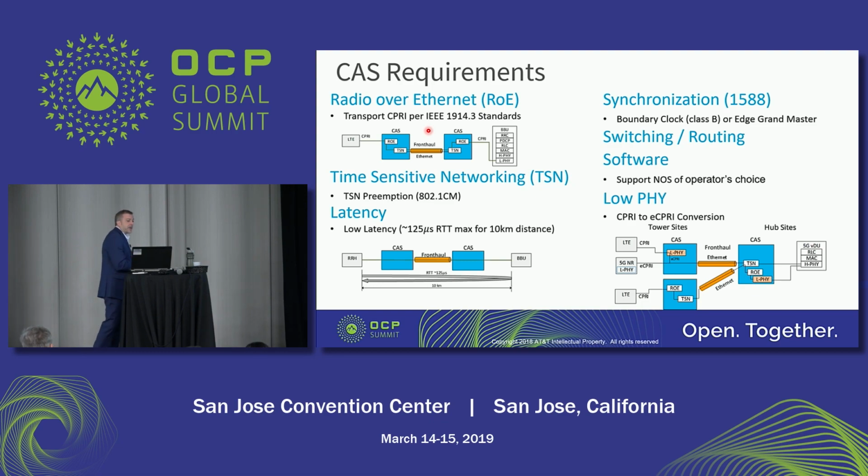The next requirement is TSN, time-sensitive networking, specifically the 802.1cm preemption. TSN is required. I know this is very debatable within the industry. For links, it depends on your packet size.